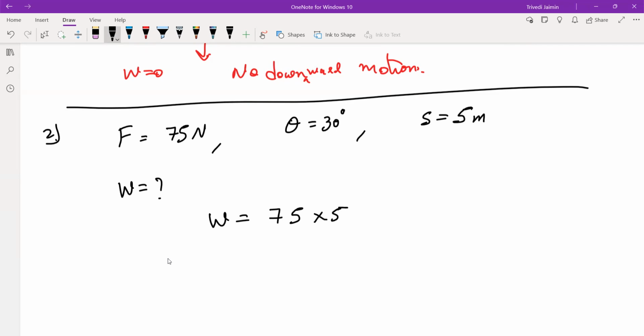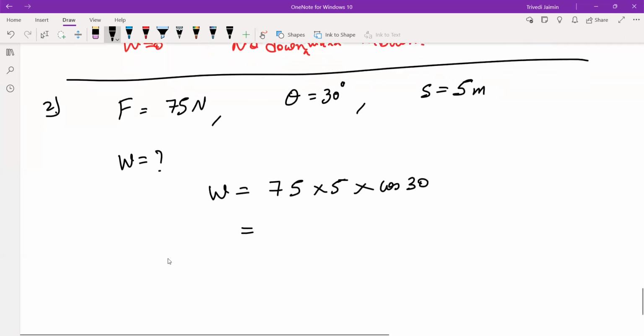It is 75 into 5 into cos 30. I was still calculating decimals. Normally the answer is 375 root 3 by 2. So then you can just calculate this. Next.